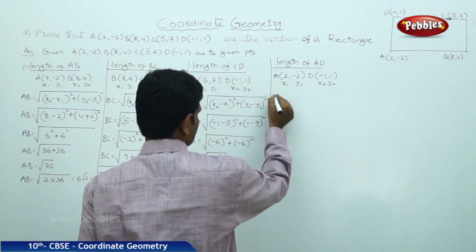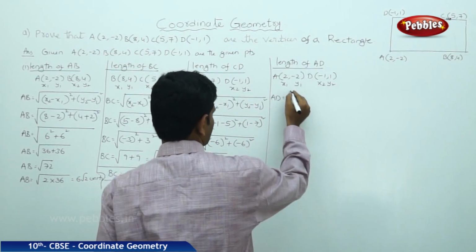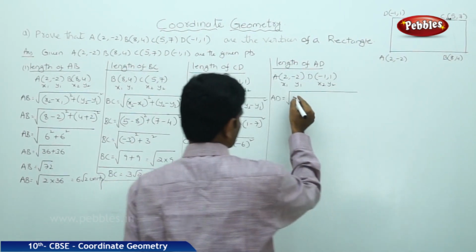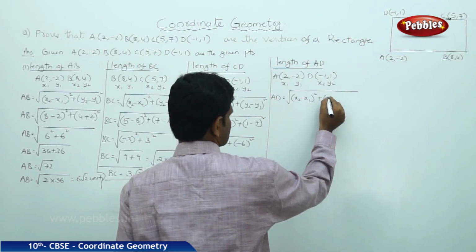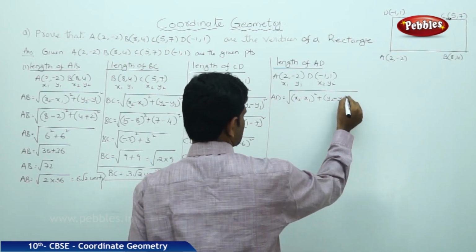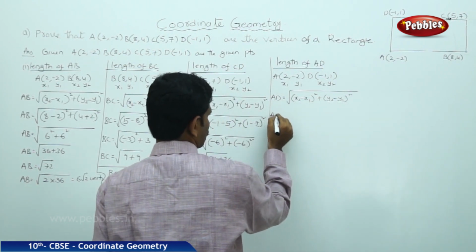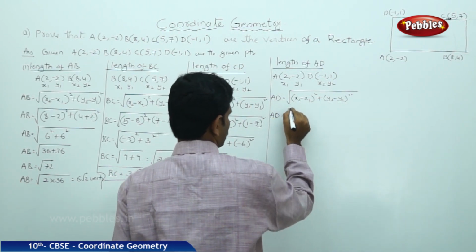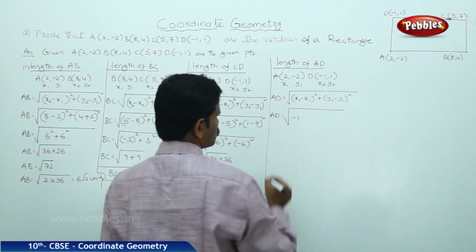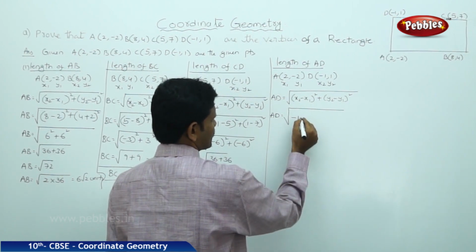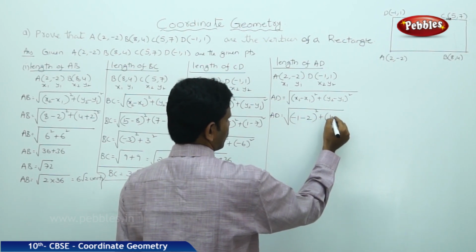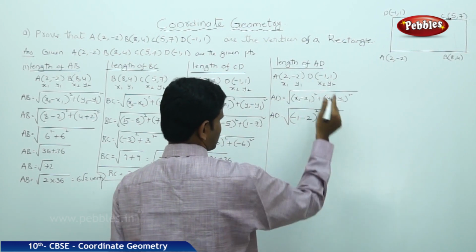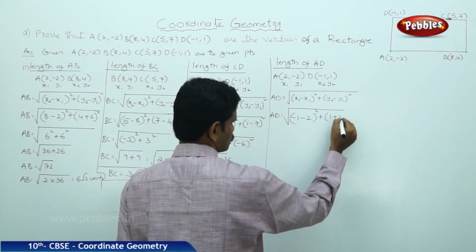Now AD is equal to root over x2 minus x1 whole square plus y2 minus y1 whole square. AD is equal to root over x2 minus 1 minus x1 2 whole square, y2 1 minus y1 minus 2, that is 1 plus 2.